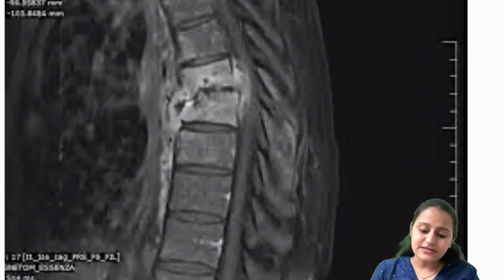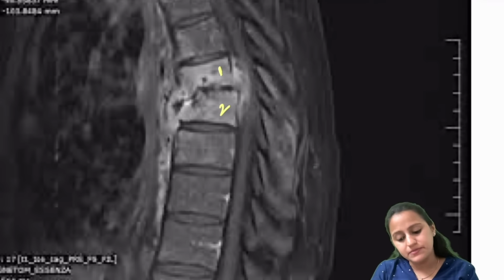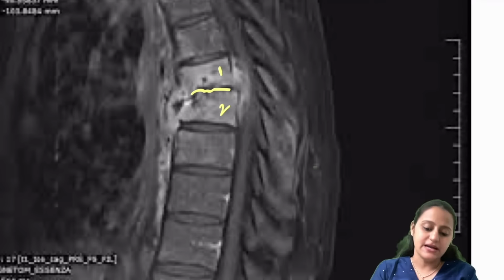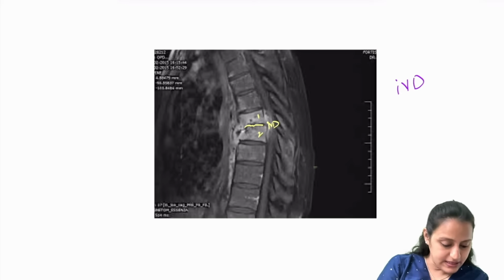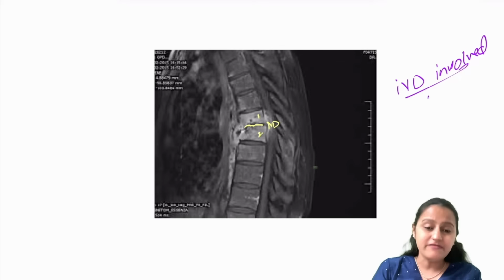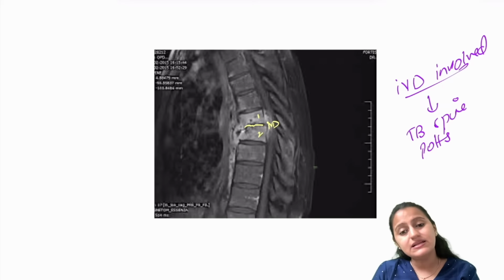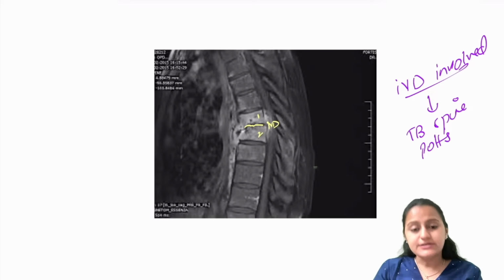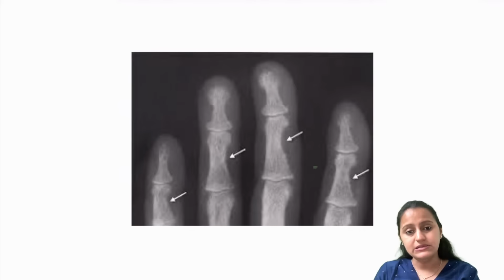Is the intervertebral disc involved here? Yes. This is one vertebra, this is the second vertebra, and the disc between them is also involved. So whenever the intervertebral disc is involved, think of TB spine, pot spine. Paradiscal involvement is very common. So this is pot spine rather than metastasis or multiple myeloma.